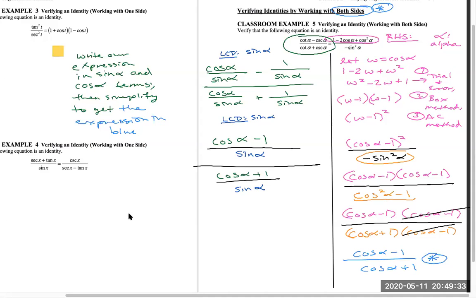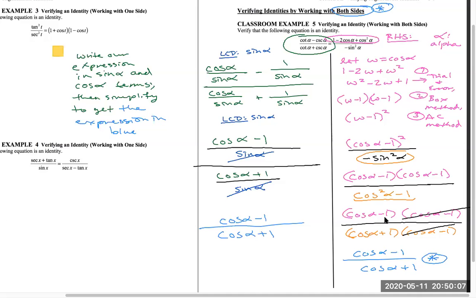Now remember the trick. I went over this in the last video. Please review it if you need to. You can write this as an old school division. So the sine alphas will cancel out. And then what we are left over with is cosine alpha minus 1 from the numerator of the complex fraction divided by the numerator of the denominator of the complex fraction.